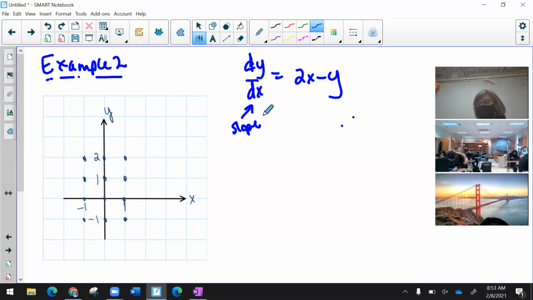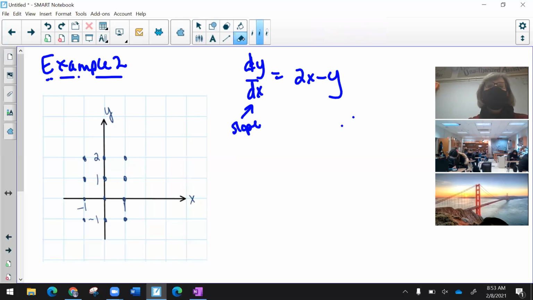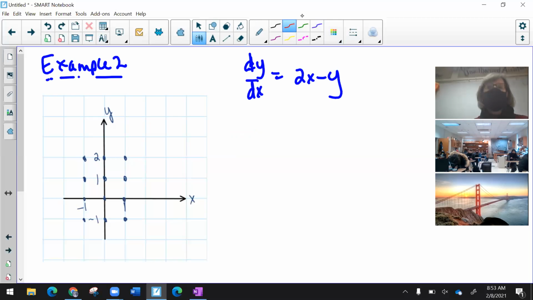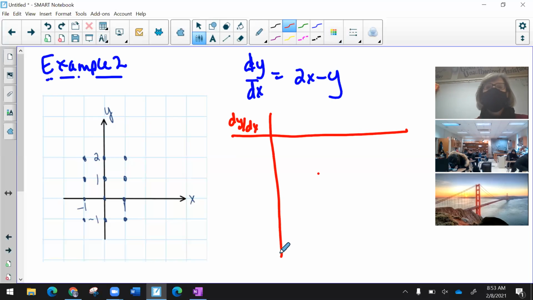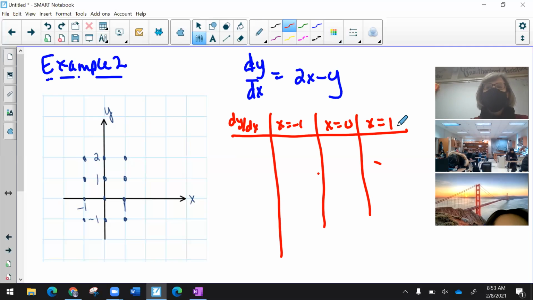So once again, I think the best thing to do is to make a table. The values we're putting into our table are dy/dx. My x values, and I find this is the best way to do it, is to put the values in as they are in the grid.